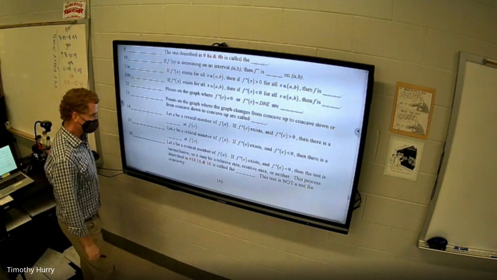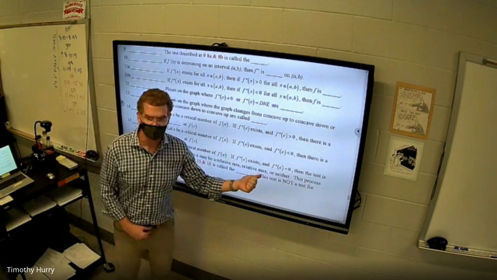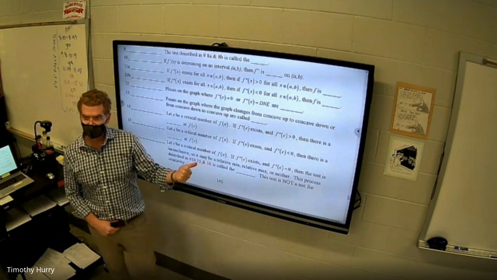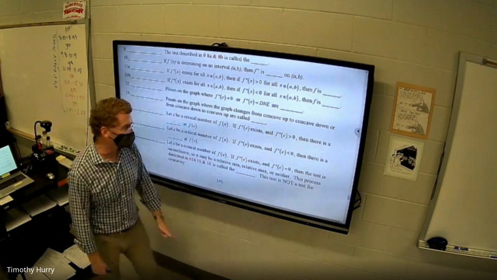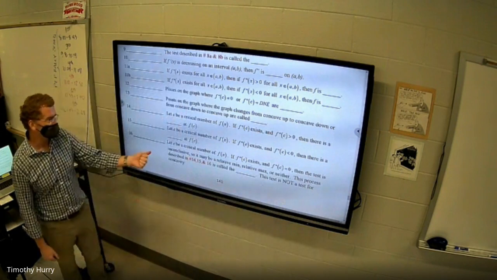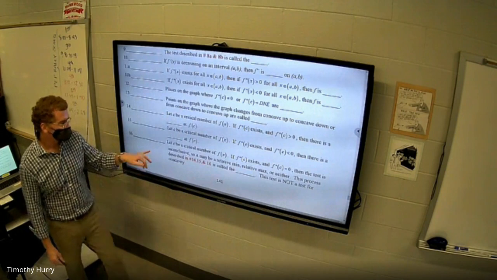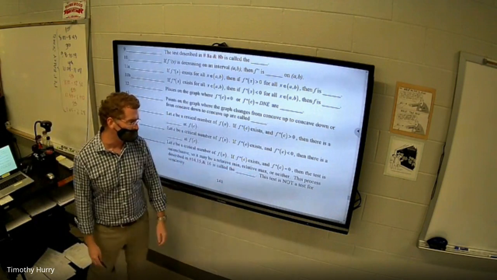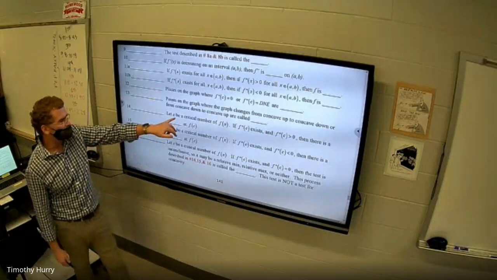Number 16. C is a critical number. If the second derivative exists and the second derivative is 0, then the test is inconclusive. What test am I even talking about? The second derivative test. So it may be a relative max, maybe a relative min, or neither. And by the way, go back to 14.